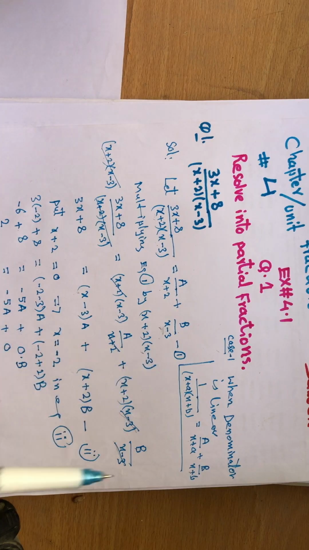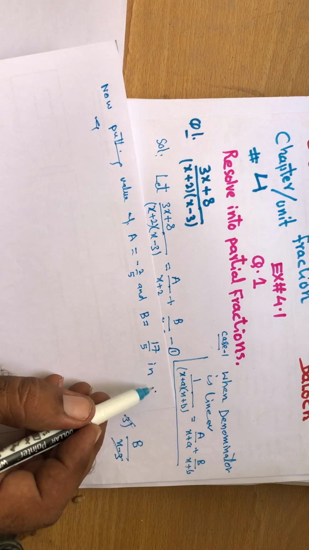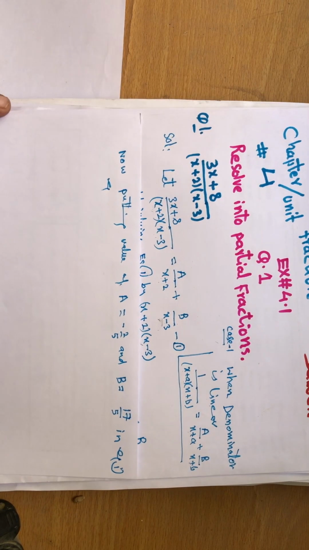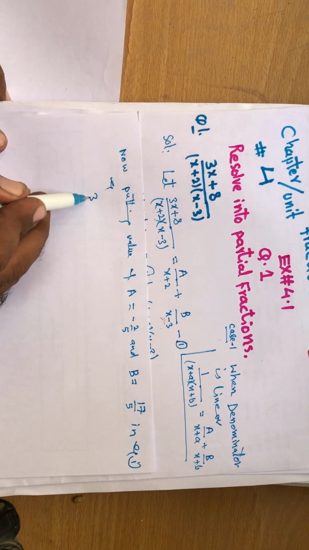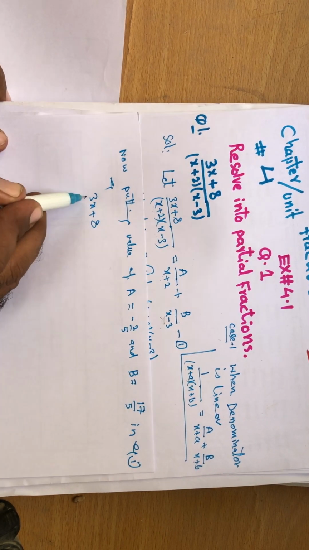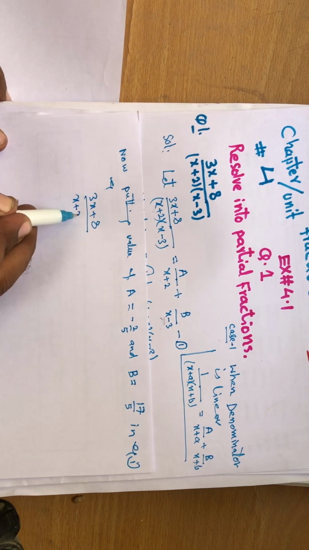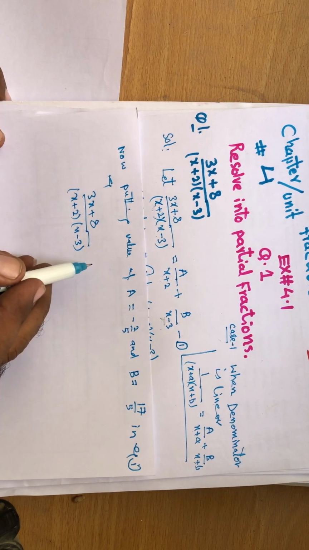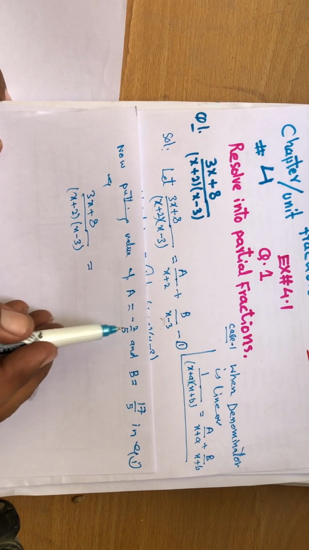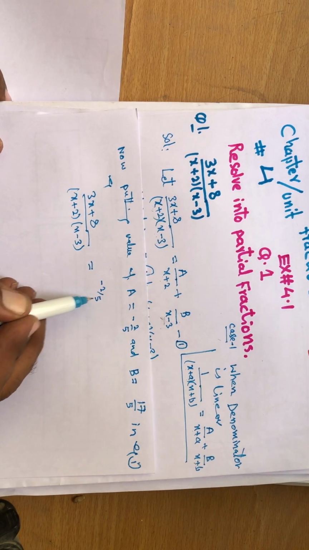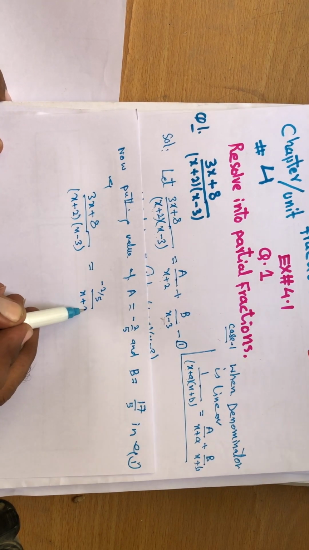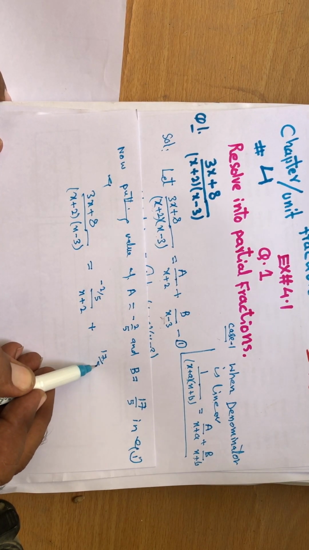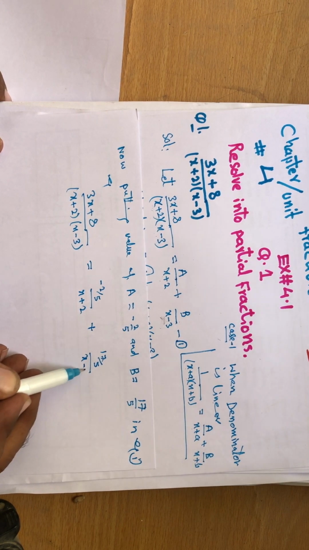We write the main question again: (3x + 8) divided by (x + 2)(x - 3). In equation number 1 we let it be A over (x + 2), so in place of A we write minus 2 over 5, with the denominator written the same, x + 2, plus the value of B that we found, 17 over 5, with the denominator the same.